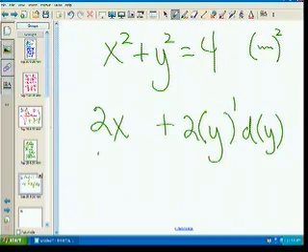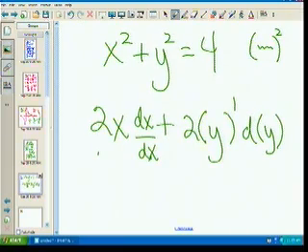Now, the question I'm anticipating is, why didn't we have that here? Well, you do. We just don't write it down. The thing inside is x, so it's 2 times x to the first times the derivative of what's inside. Well, what's inside? x. So we would be deriving x with respect to x.